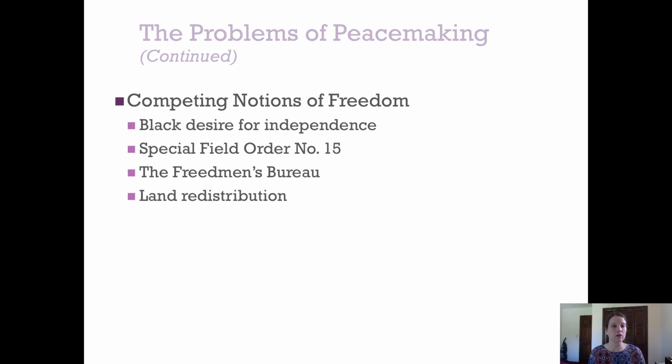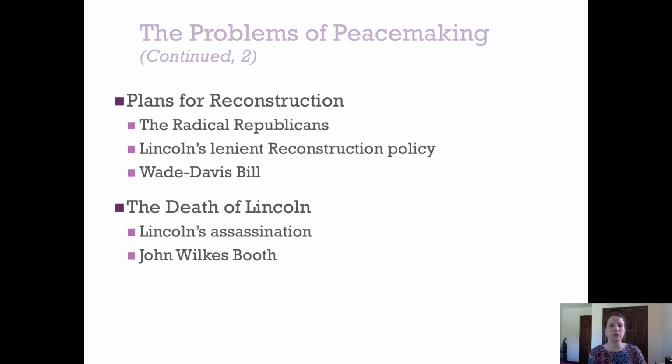There were a couple of plans for Reconstruction. There was the Radical Republican plan, there was Lincoln's plan, and then there was the Wade-Davis bill. Lincoln really wanted to focus on just a rapid reunification. What do we need to do to get this country whole again? And that was his goal.